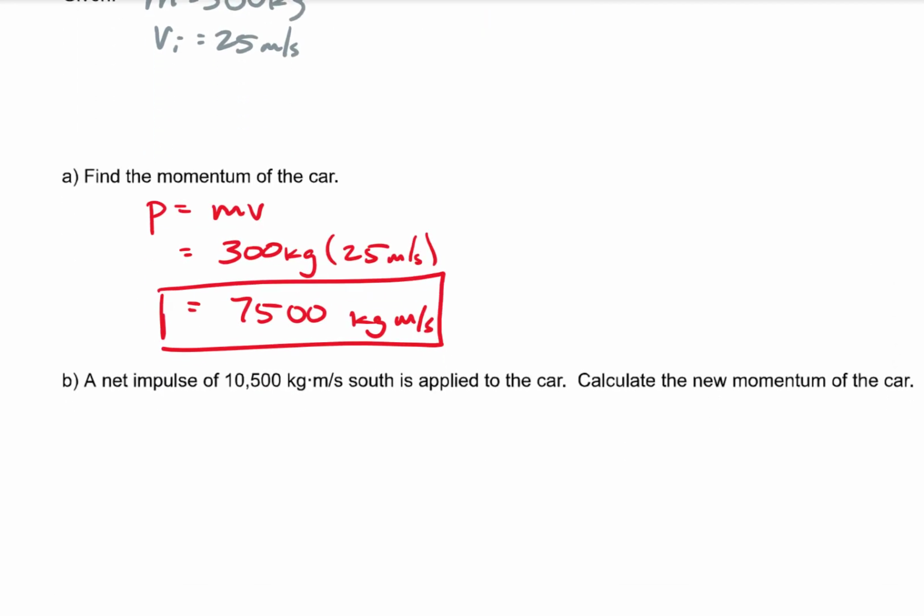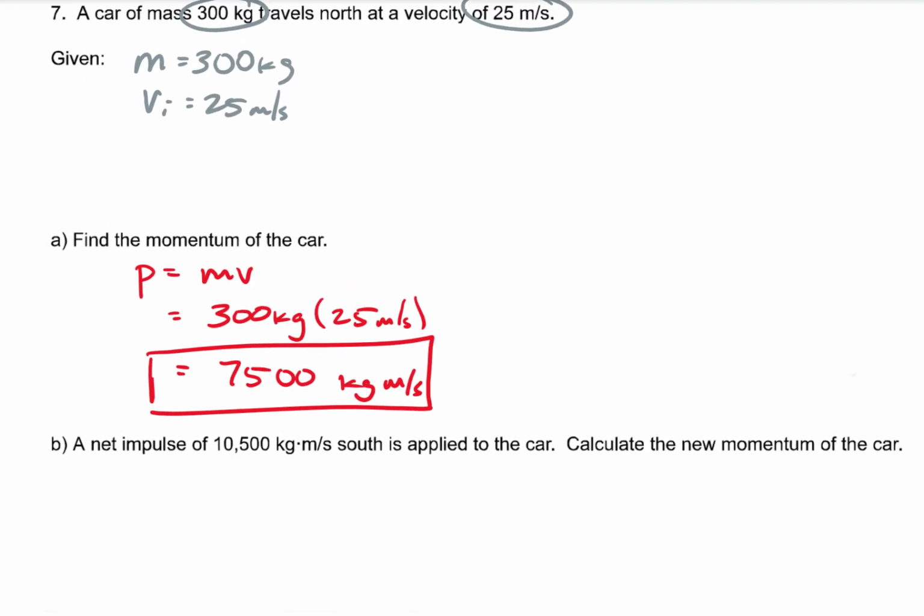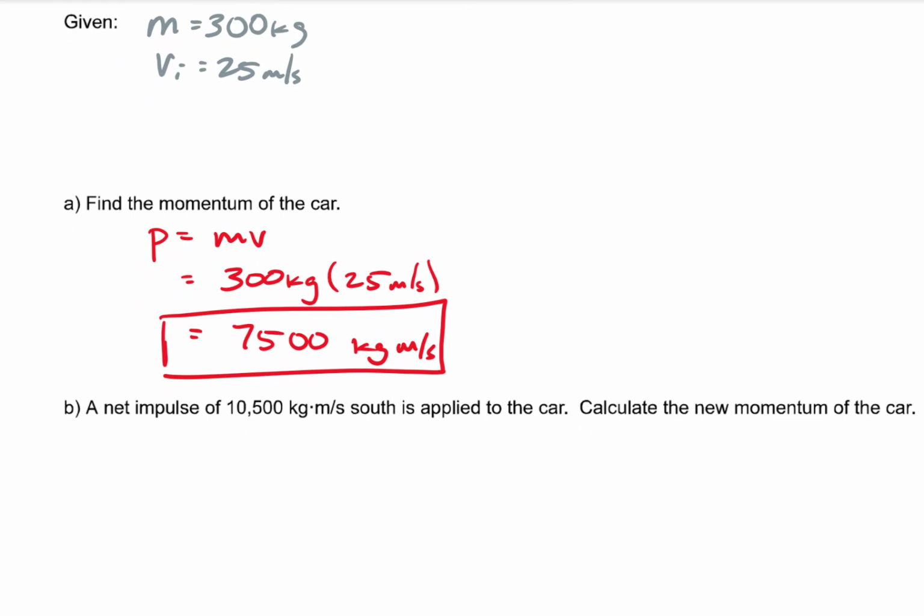Now, an impulse of 10,500 kilogram meters per second south, so that's in the opposite direction, that's going to be important, is applied to the car. Calculate the new momentum. So before we begin, we have to figure out that impulse. That impulse is 10,500 kilogram meters per second.